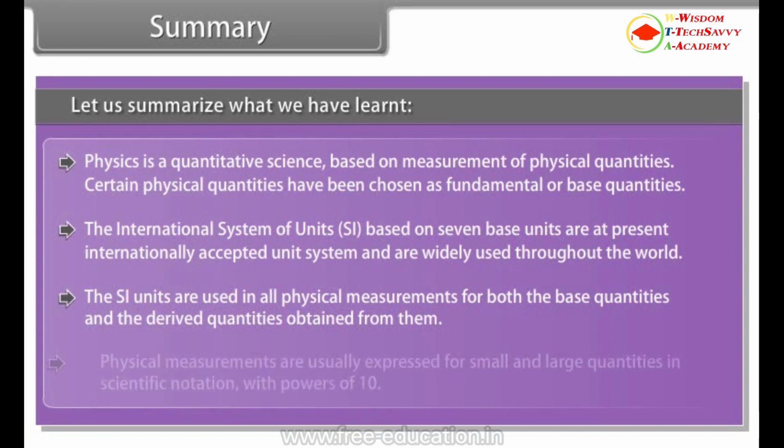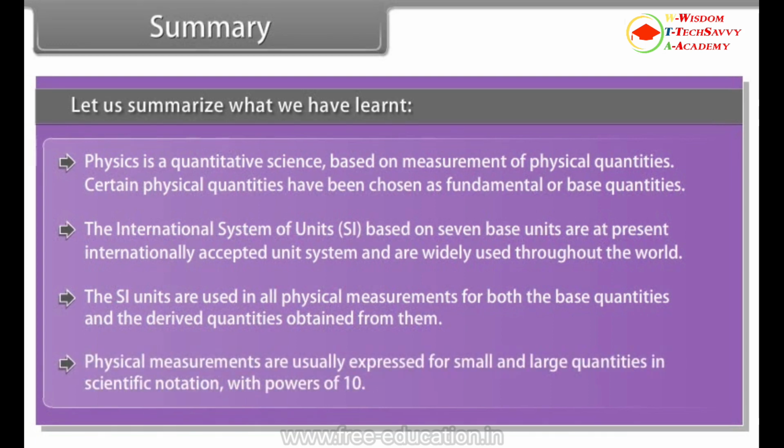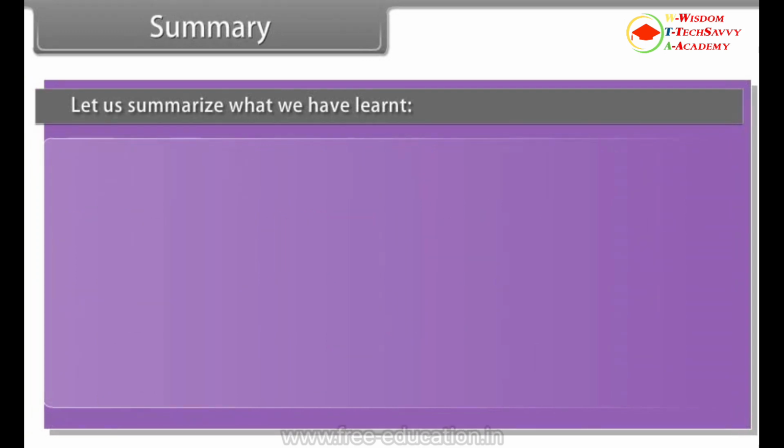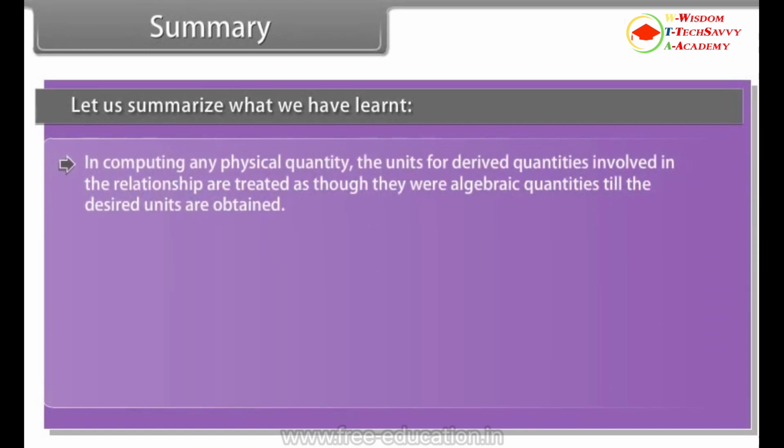Physical measurements are usually expressed for small and large quantities in scientific notation with powers of ten. In computing any physical quantity, the units for derived quantities involved in the relationship are treated as though they were algebraic quantities till the desired units are obtained.